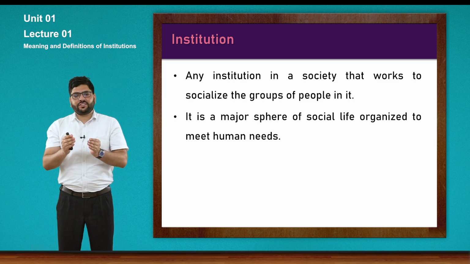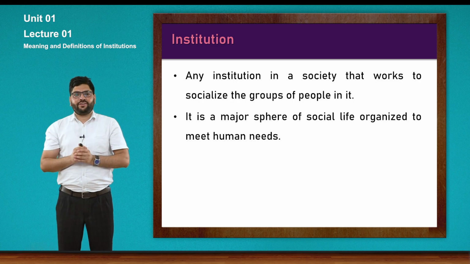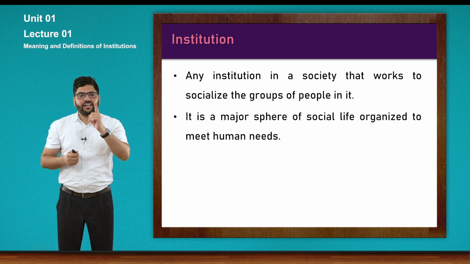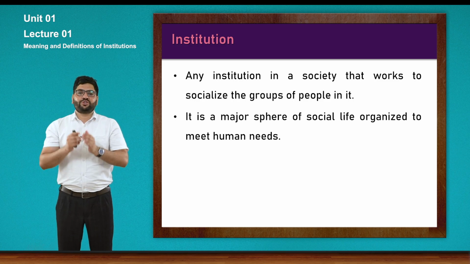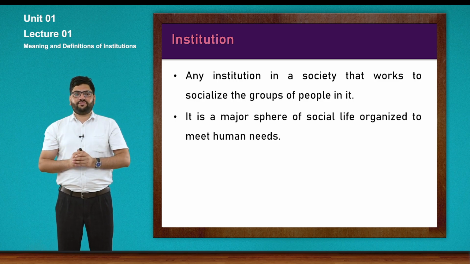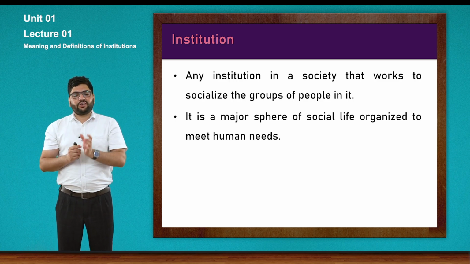So these are a group of social positions connected by what? Connected by, number 1, the social relations, performing different social roles. So I am here saying that they work to socialize the group of the people in it.